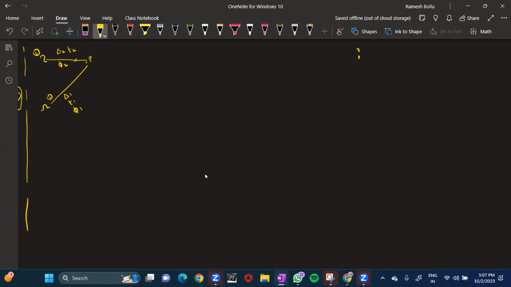What I mean to say is, between the two waves there is some path difference, phase difference, and time difference also. When one wave is produced, it means one full circular path is completed.